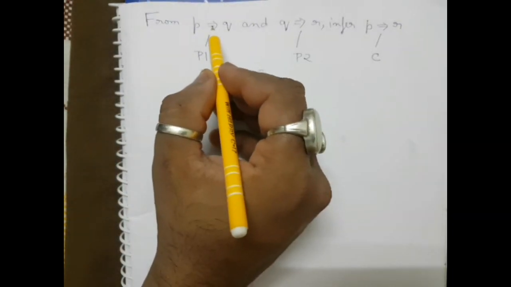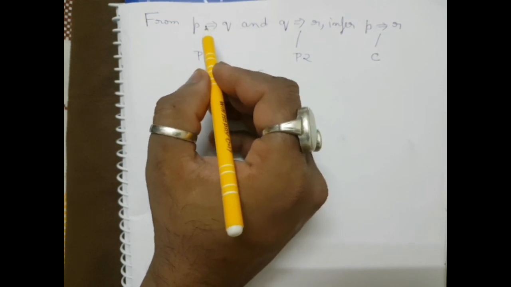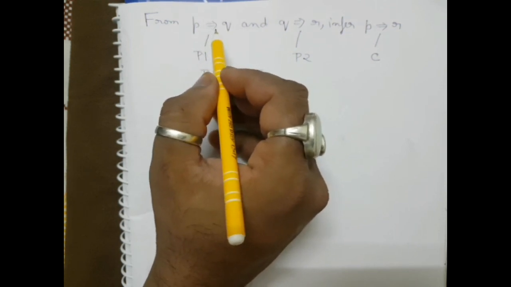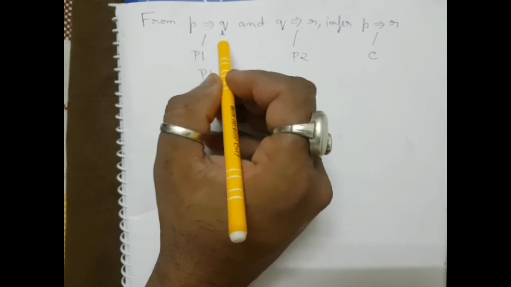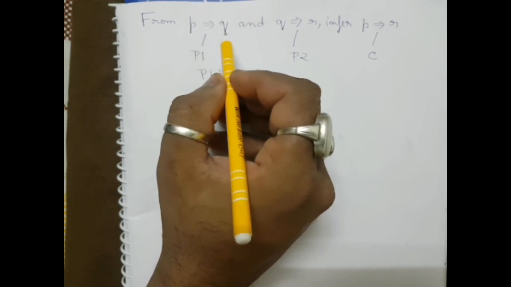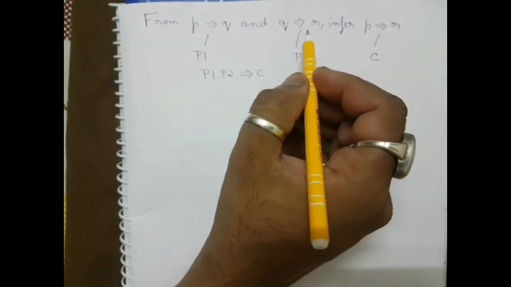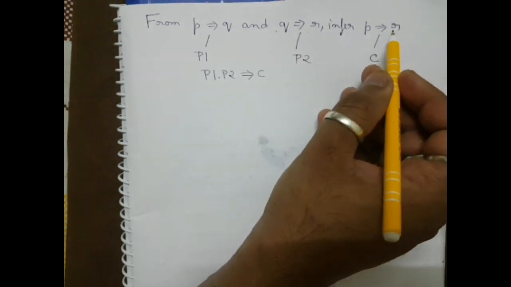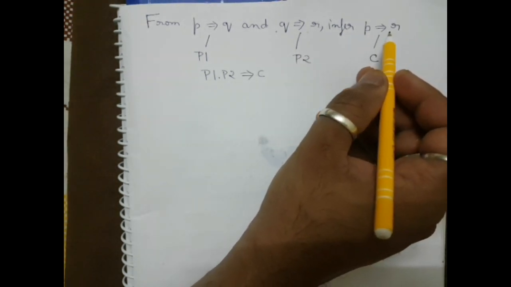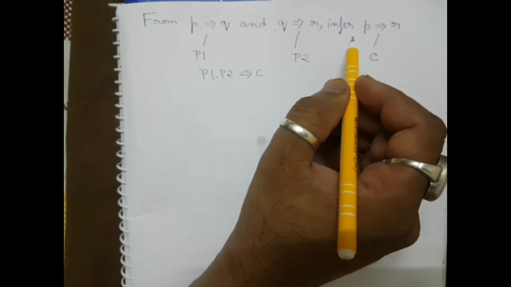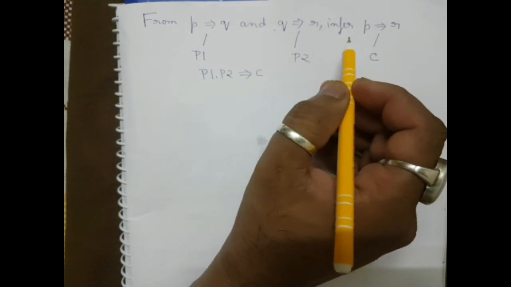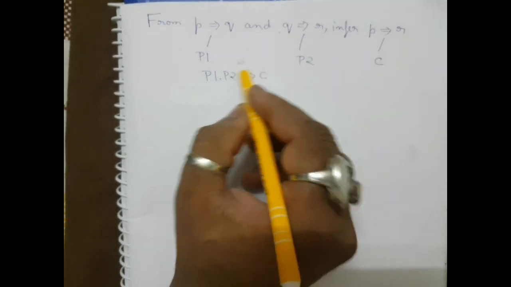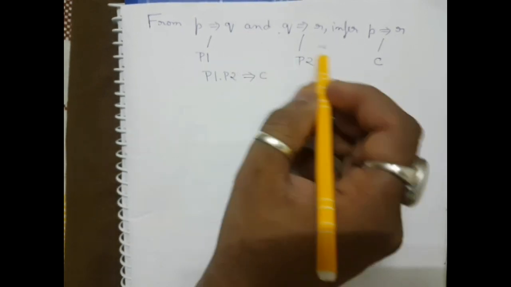Students, now another example to understand syllogism, or drawing conclusions. Here you can see that two premises are there, P conditional Q and Q conditional R. Infer P conditional R. And students, this is also called the chain rule. We'll discuss that later, but as of now we have to see how it works, whether it is a tautology or not.